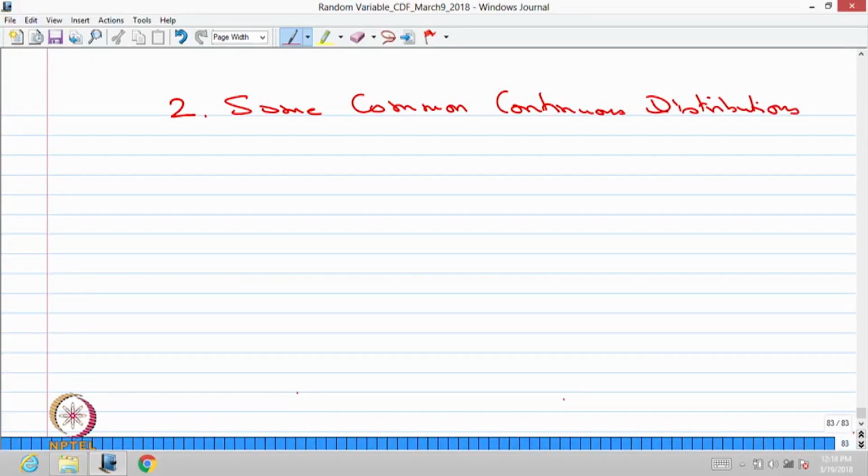In this we are going to discuss a few continuous type random variables which occur very frequently in different problems of probability. The first one is the continuous uniform distribution.